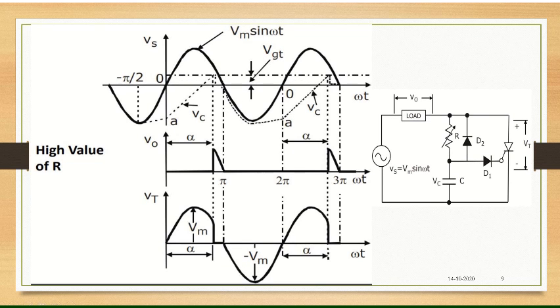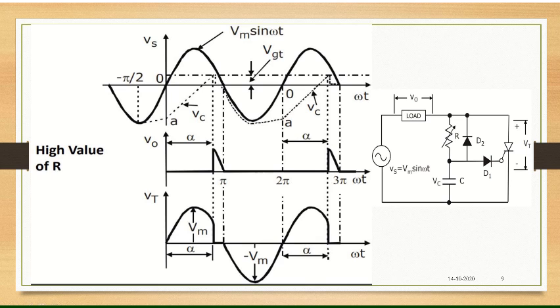The higher the firing angle, the average output voltage across the load will be less. So by controlling this firing angle, you can control the average output across the load, based on the application where you are using it. How? By controlling the firing angle.